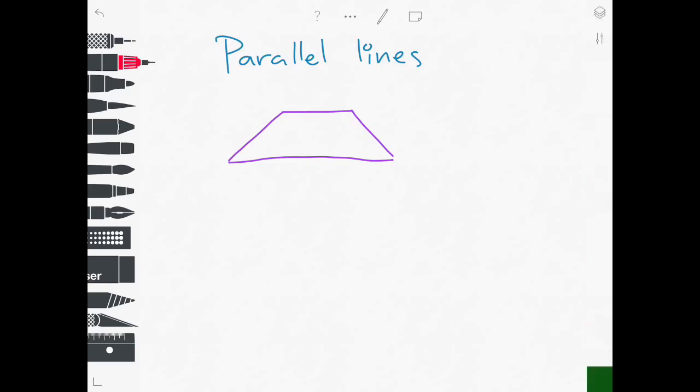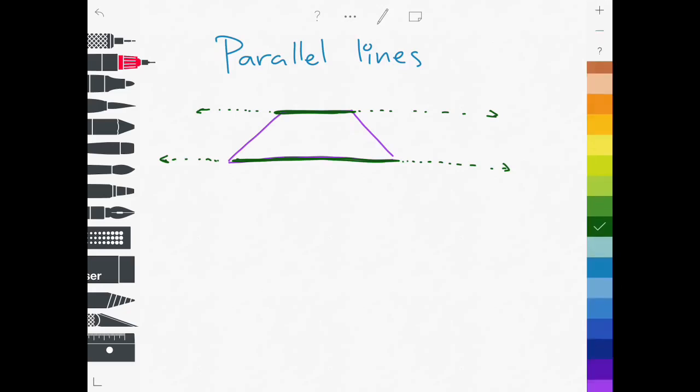So let's look at these two lines first. Now, to see if they touch, we can imagine that these lines go on forever. Even if they went to the moon, would they touch? No. So we say that these green lines are parallel.